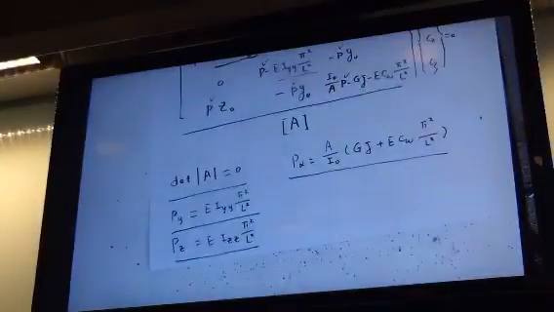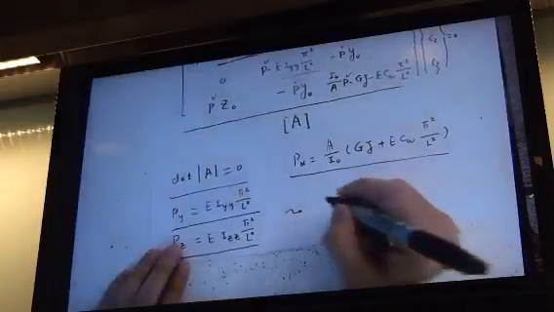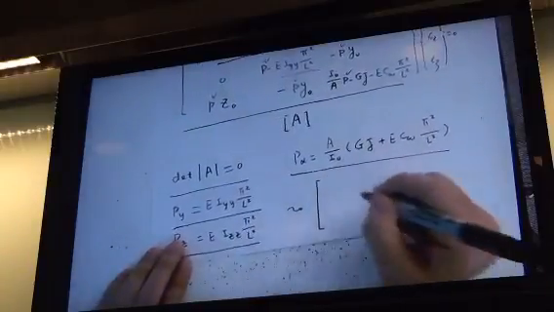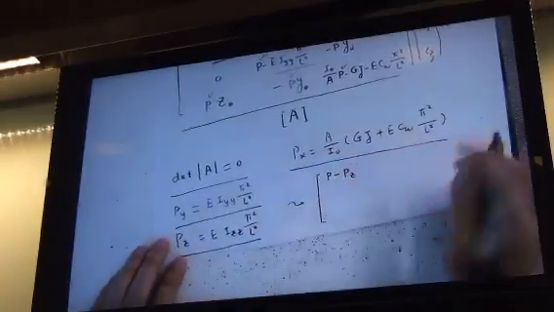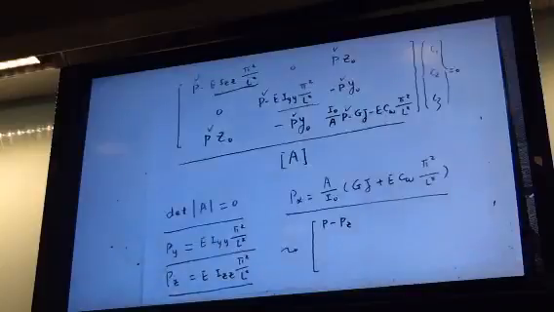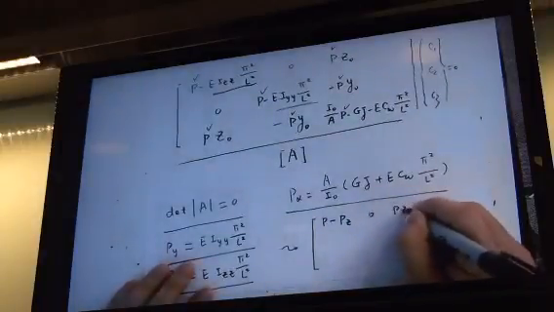After this definition, I can simplify the notation of that matrix. The first one is P minus Pz, because you define that term here. This one is 0, and this one is P0.